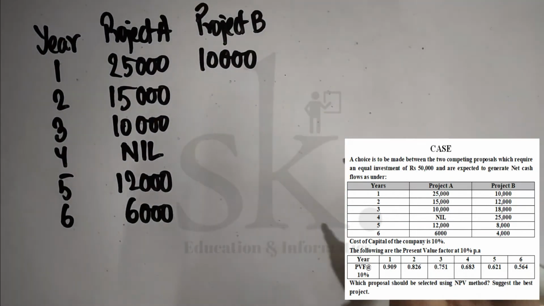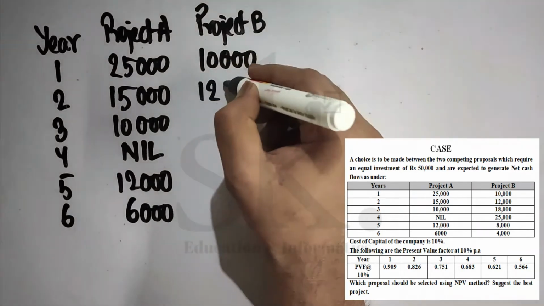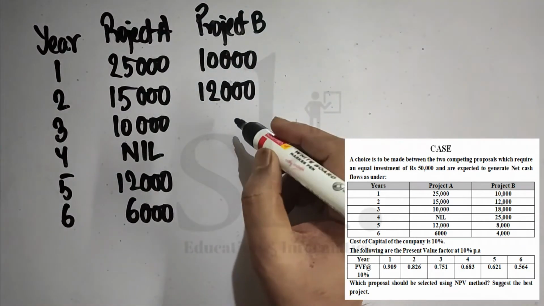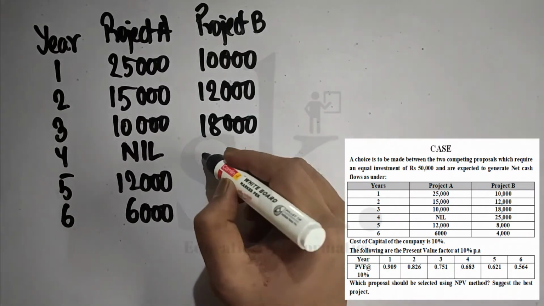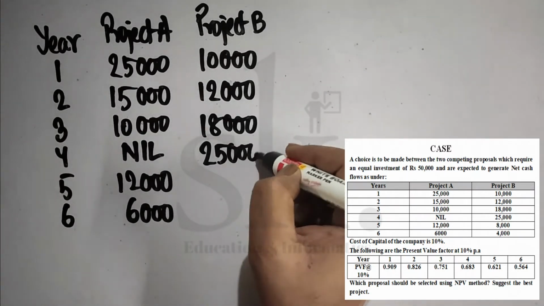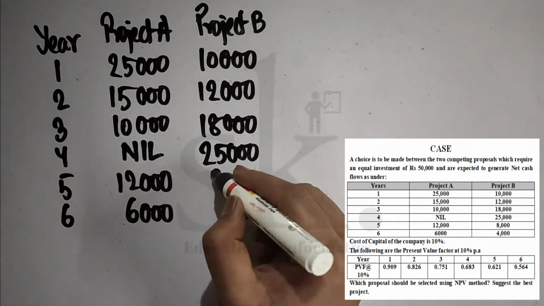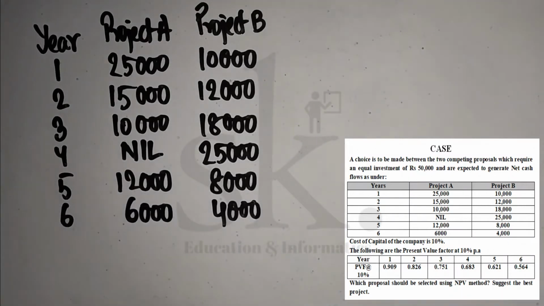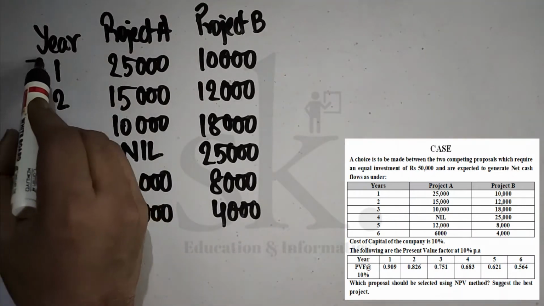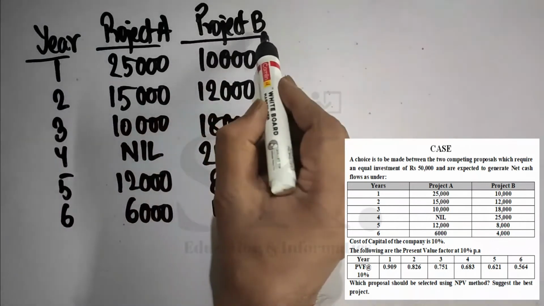Second year it's 12,000. Third year it's 18,000. Fourth year is 25,000. Fifth year is 8,000, and sixth year is 4,000. So this is the information I have been given here, for project A and project B.